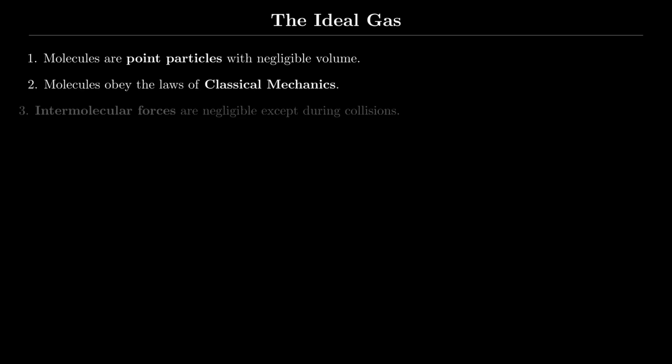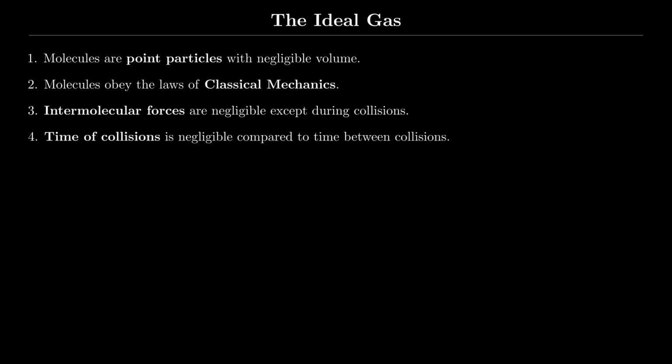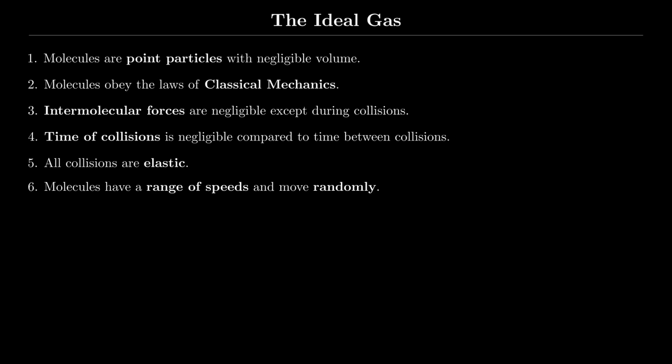The third is that intermolecular forces between particles are negligible except during collisions. The fourth is that the time of collisions is negligible compared to the time between collisions. The fifth is that collisions between particles and walls are all elastic. And the final postulate, our sixth, is that molecules all have a range of speeds and move randomly.